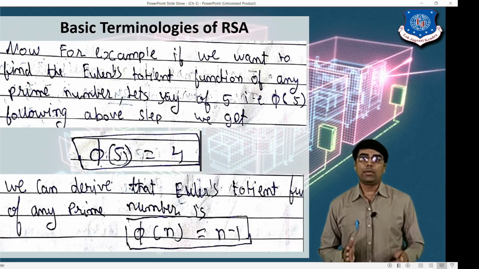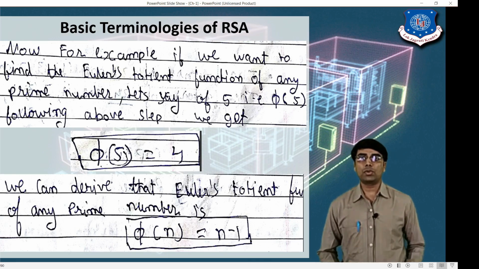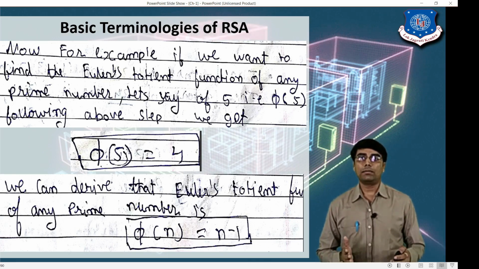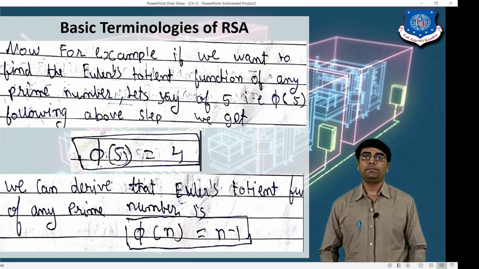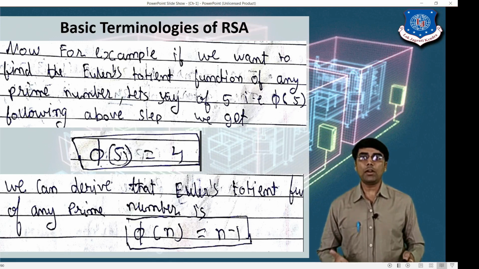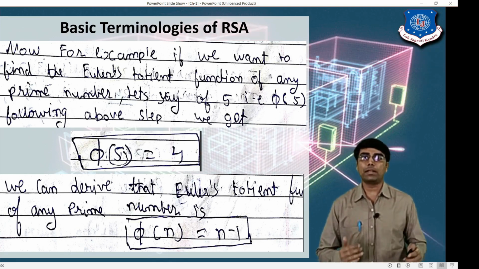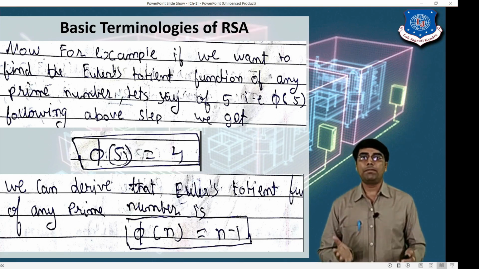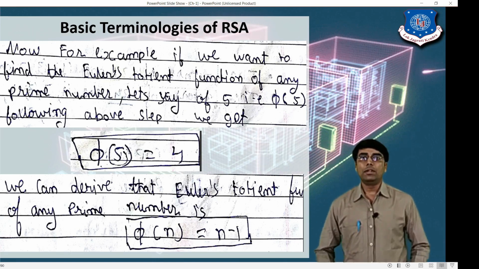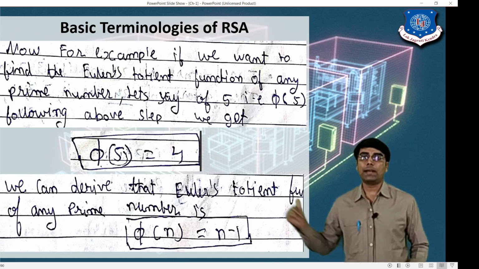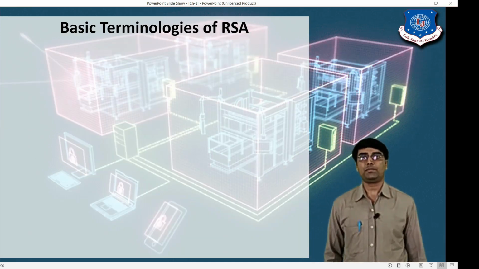It means we can derive that Euler's totient of any prime number is phi of n equal to n minus 1. So here n equals 5, so 5 minus 1 gives 4. So phi of 5 equals 4.